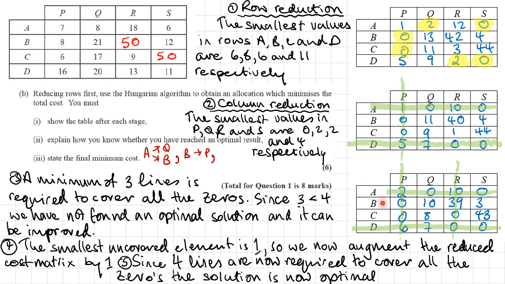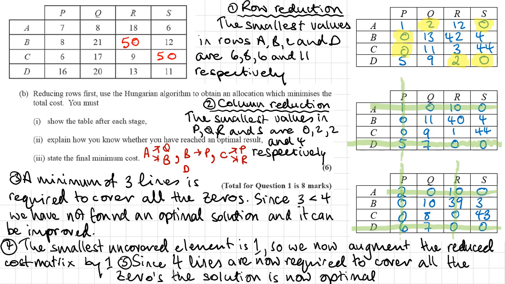C can be allocated to P or R. And D, that can be allocated to R or S.